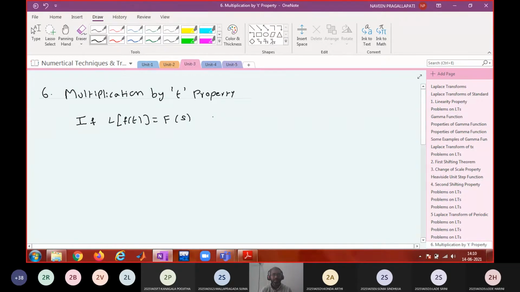If Laplace of f of t equal to F of s, then Laplace transform of t into f of t is equal to minus d by ds of F of s, which is equal to minus d by ds of Laplace transform of f of t.